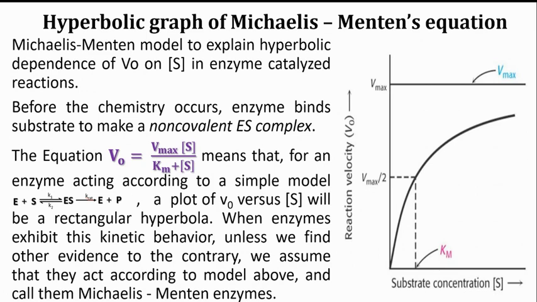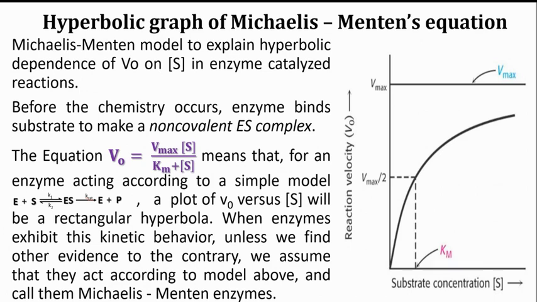Now we are saying that the Michaelis-Menten model explains the hyperbolic dependency of VO on S in an enzyme catalyzed reaction. Therefore, before the chemistry occurs, the enzyme binds to substrate to make a non-covalent ES complex. Remember that the ES complex is not forming covalent bonds, otherwise it will not break up again. But because of the non-covalent nature of ES, the enzyme can also dissociate.